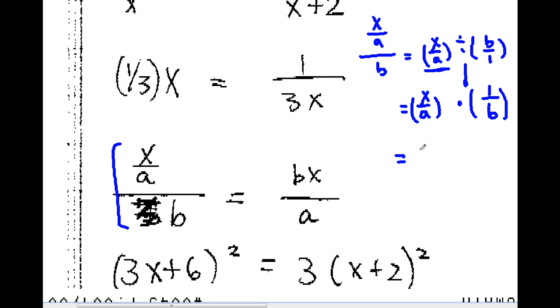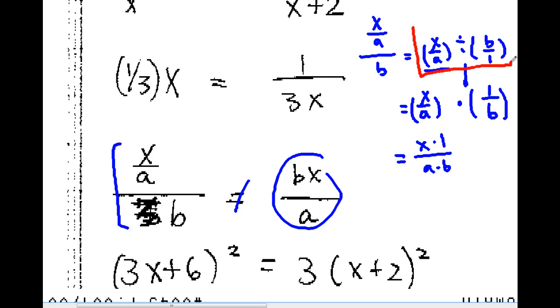And now you have x times 1 and a times b, not this. Once again, when you have a fraction, the easiest step that would slip up for you is this one. If you set this step up right, most students can carry this one and this one. But this is the critical step.